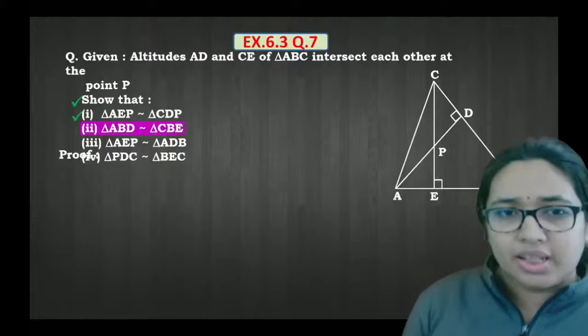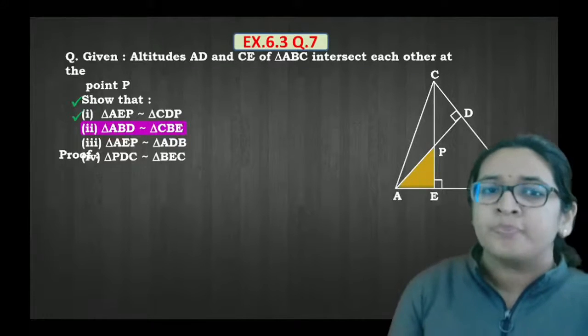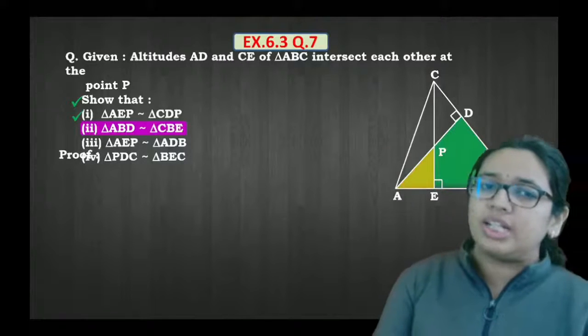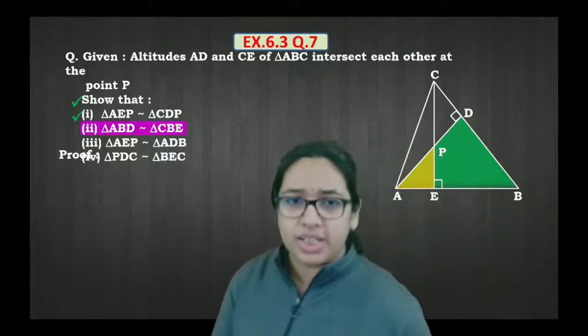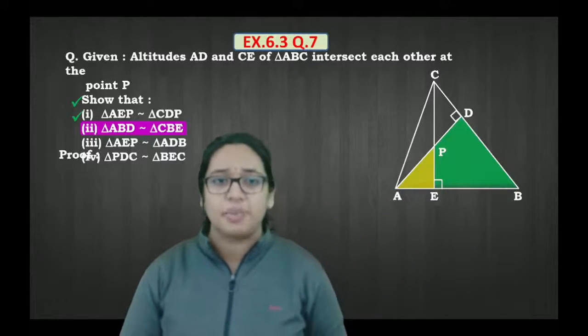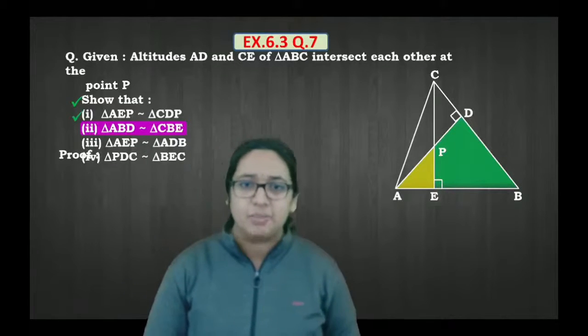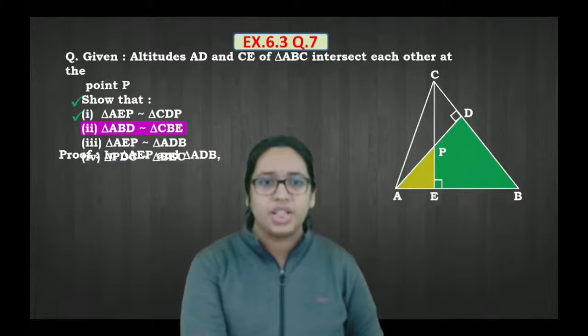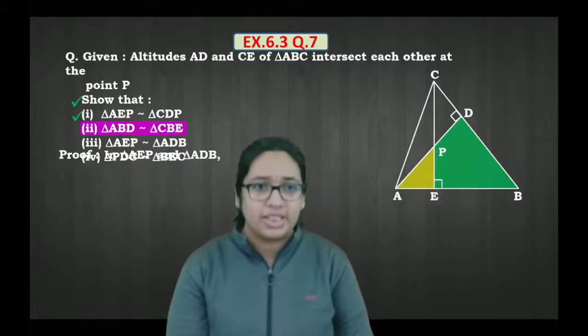For the third one, we have to prove that AEP is similar to triangle ADB. Okay? Fine. We'll start. What should be the first sentence?